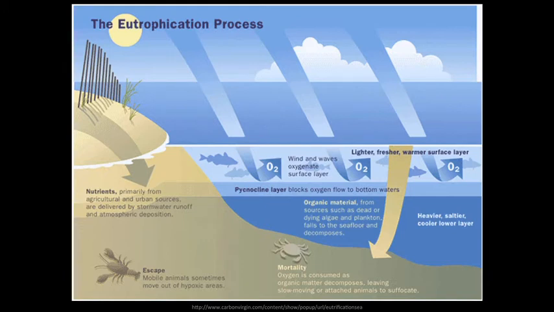However, when they start to feed off of these dead algae, they also start to feed off of the dissolved oxygen in the water. This is a bad thing because by them feeding off the dissolved oxygen, they lower the amount of oxygen in the water, creating something called a dead zone. A dead zone is where no animals or barely any animals can live because there is not enough oxygen to survive off of.